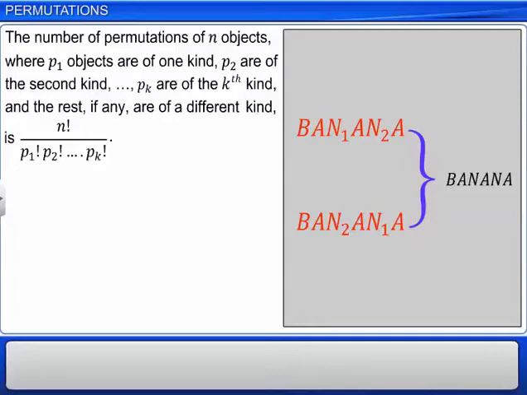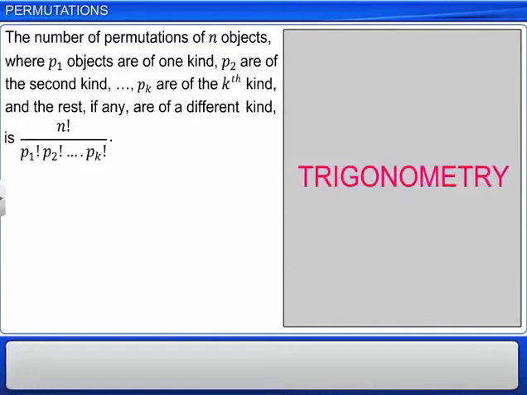Using the theorem, we will find the number of possible permutations with the letters of the word trigonometry. In the word trigonometry, the letters T, R, and O each repeat twice. We will denote them with pT, pR, and pO respectively. The total number of letters is equal to 12.